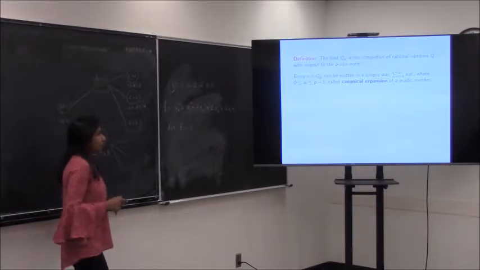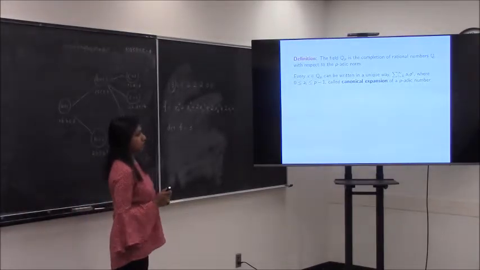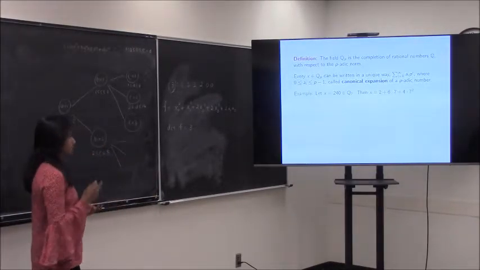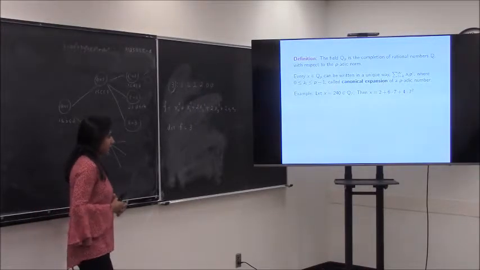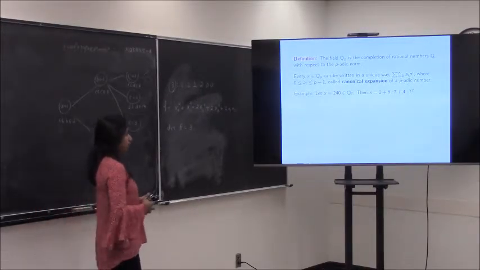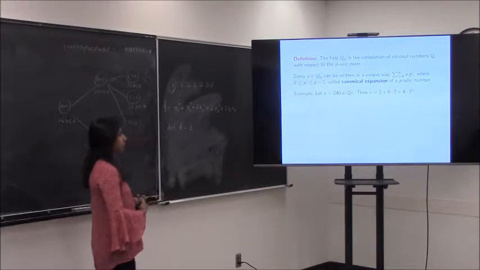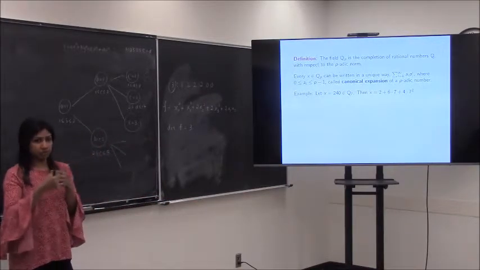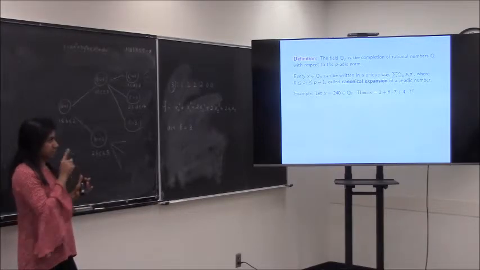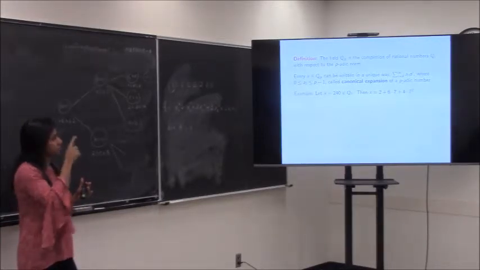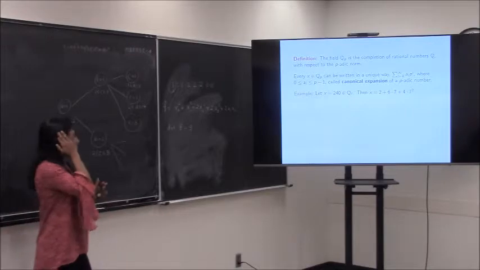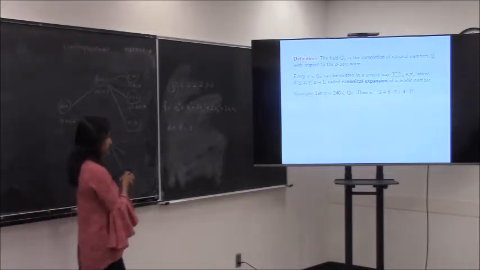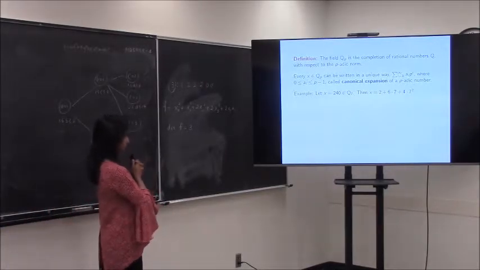This is called the canonical expansion of a p-adic number. For example, if we take x to be 240 in Q_7, then we can write x as powers of 7 in this way: 2 plus 6 times 7 plus 4 times 7 squared. This is the canonical expansion.